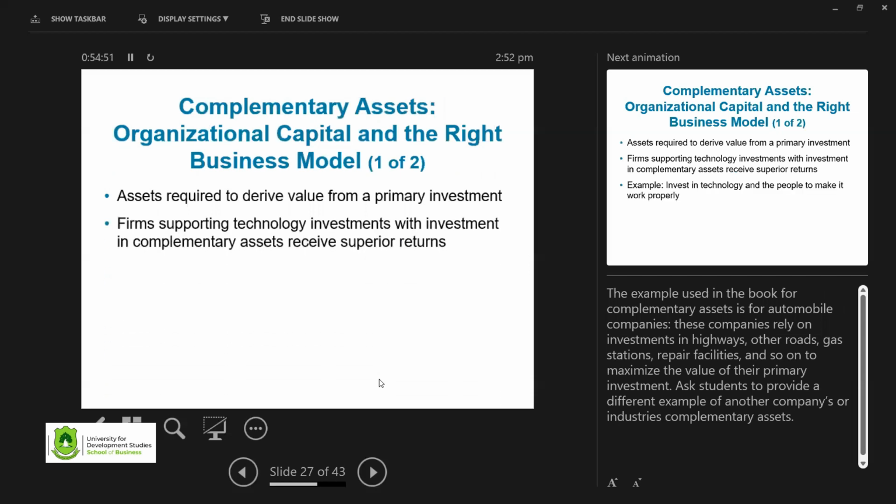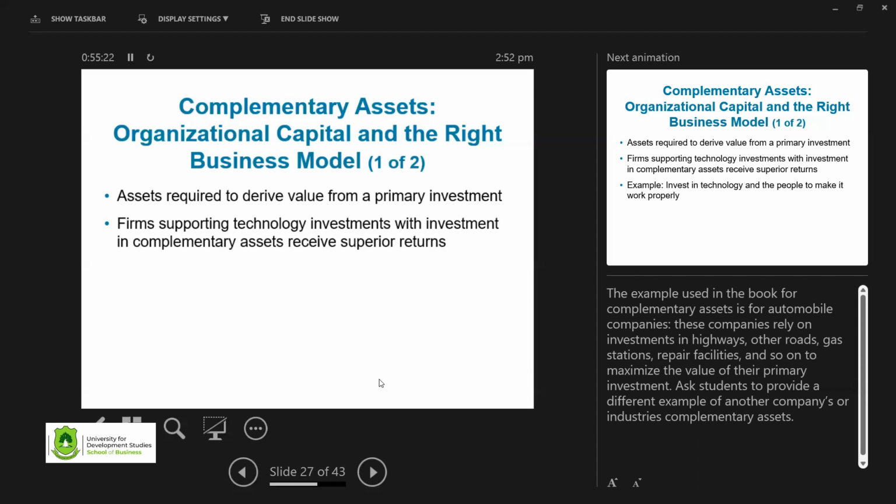So when we say complementary assets, we are referring to assets that are required to derive value from a primary investment. And here, the primary investment is the technology. But the complementary asset may be the labor. Another complementary asset could be your business model. Because you have brought in all these kinds of technologies, you now feel that, I need to alter my business model so that I'll be able to leverage the benefits the technology brings.